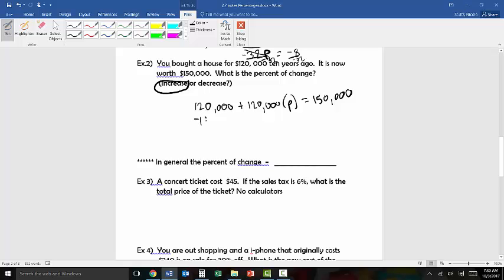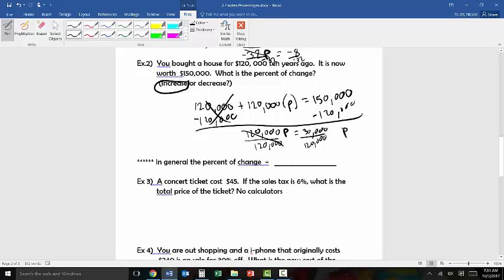So then we're just going to go through and solve. So you're going to find out that you're also going to still get 25%.